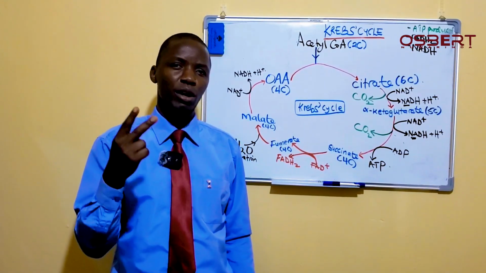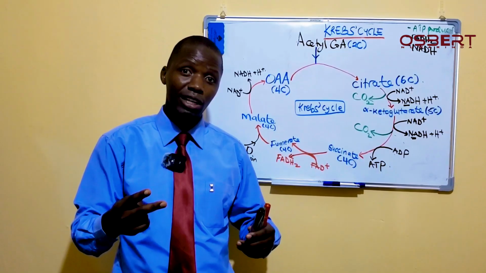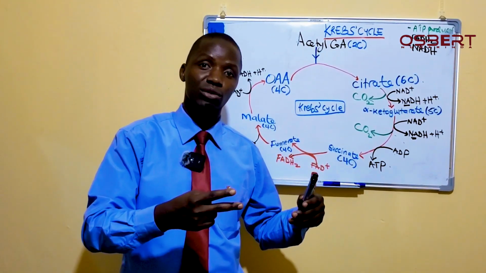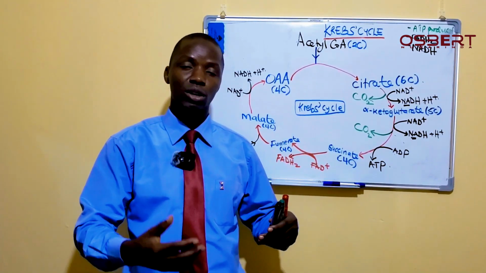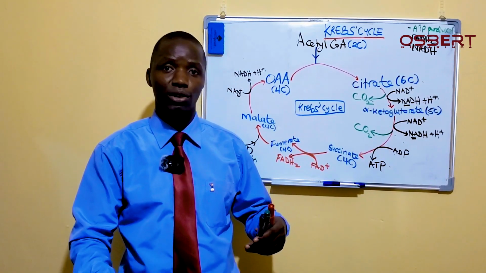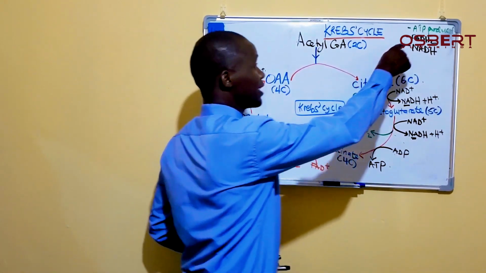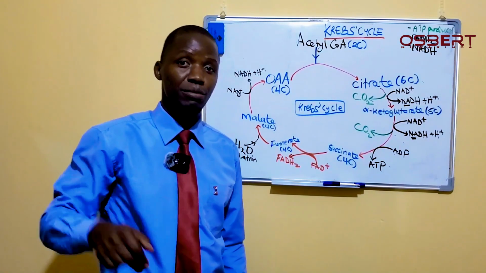Now, if we produce 2 pyruvate molecules from glycolysis, and these 2 pyruvate molecules have all been able to come into the matrix of mitochondria, and they have undergone what we are now referring to as the Krebs cycle, the question is, how many ATP are being produced from Krebs cycle?